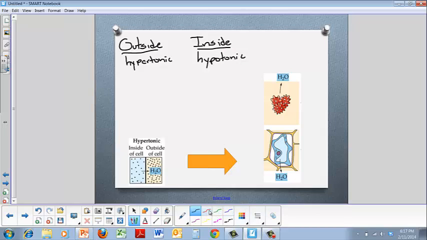So then I have to ask myself, what are my solute concentrations? In a hypertonic environment, I have a high solute concentration. And in a hypotonic environment, I have a low solute concentration.